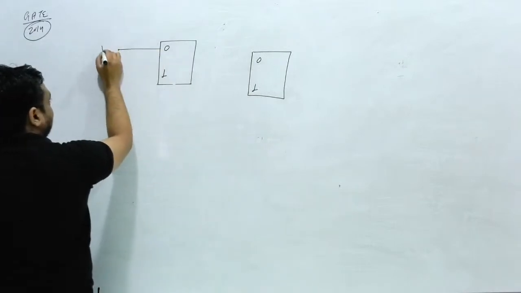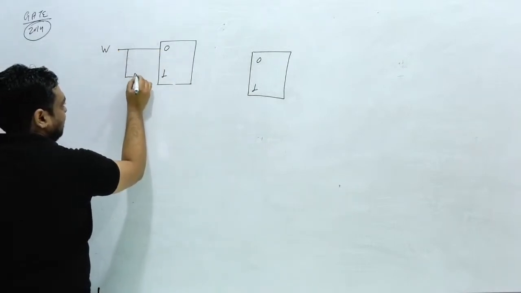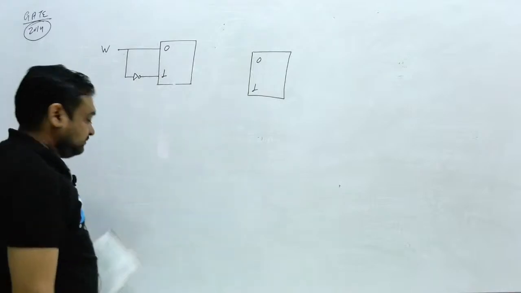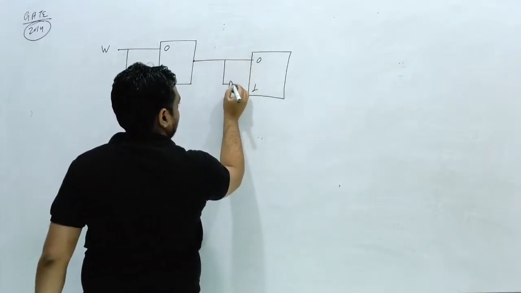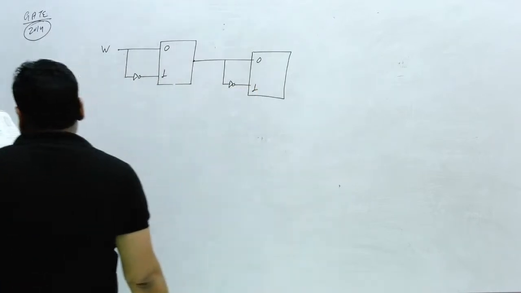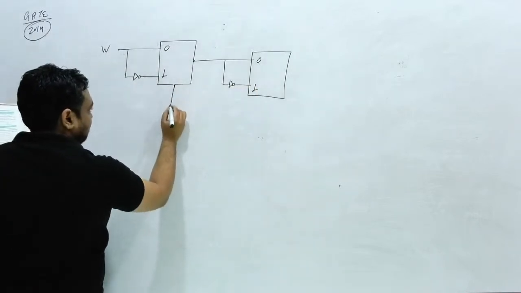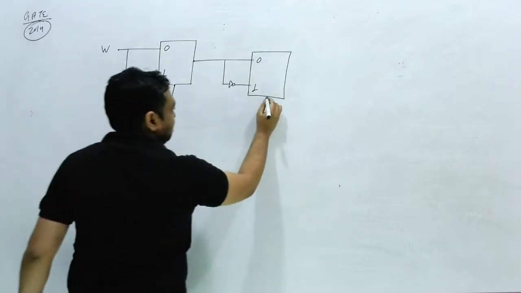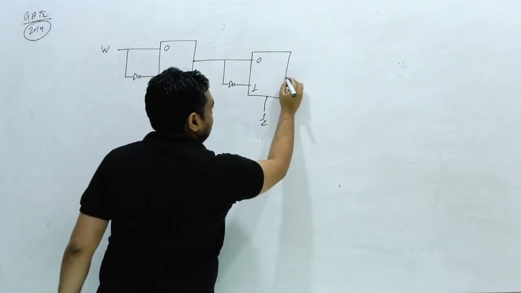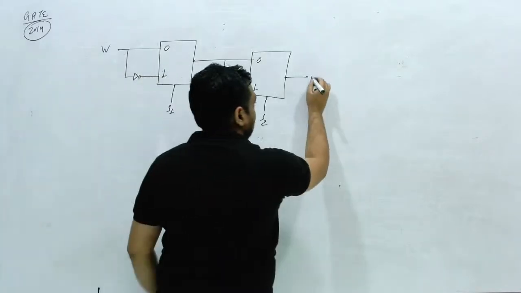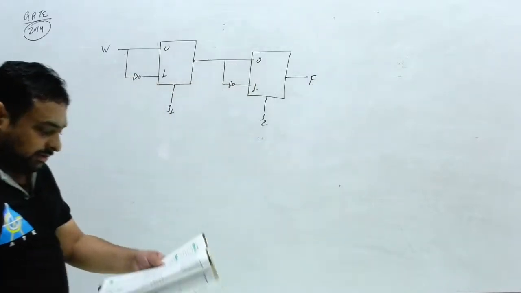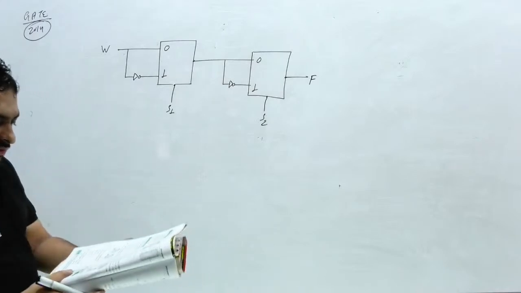This input is W and this is again connected by a NOT gate, and this output is connected to 0, again connected with a NOT gate, like this. This is S1 and this is S2, and this is the final output, function f. Clear? What will be the function f?